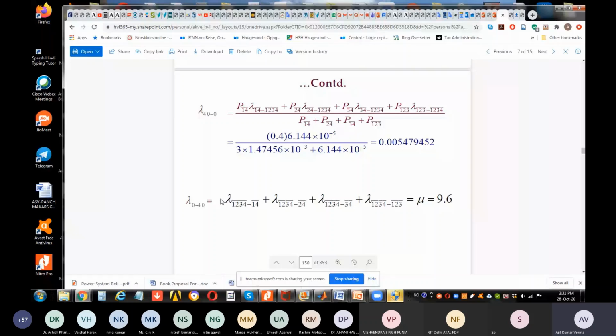So let's look at this term, 1, 2, 3, 4 to 1, 4, 1, 2, 3, 4 to 2, 4, 1, 2, 3, 4 into 3, 4, 1, 2, 3, 4 into 1, 2, 3. So these terms would simply disappear because they are not possible. This would mean 2, 3 failing simultaneously. This would mean 1 and 3 failing simultaneously. This would mean 1 and 2 failing simultaneously.